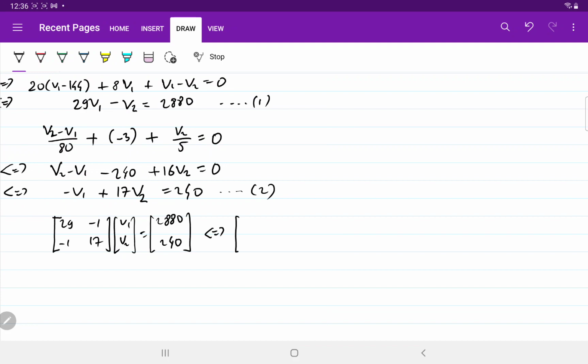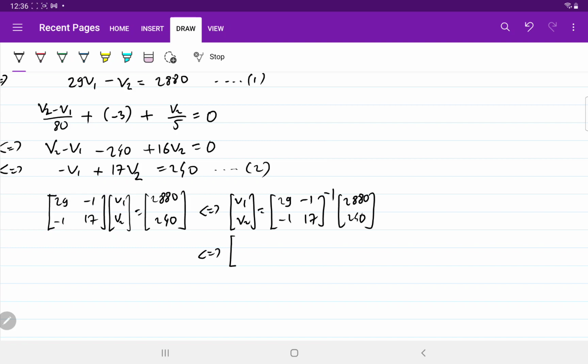So you can multiply with the inverse of this square matrix, right? So [V1; V2] is equal to the inverse of [29, -1; -1, 17] multiplied by [2880; 240].